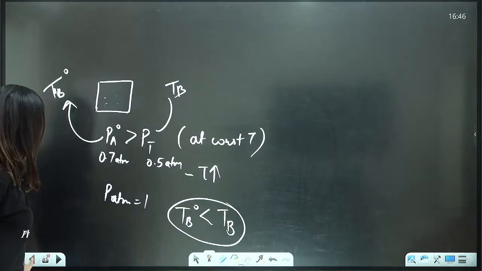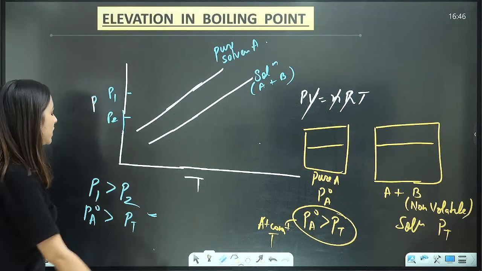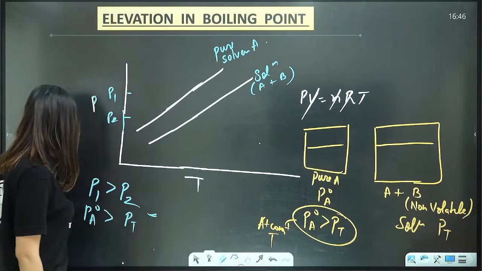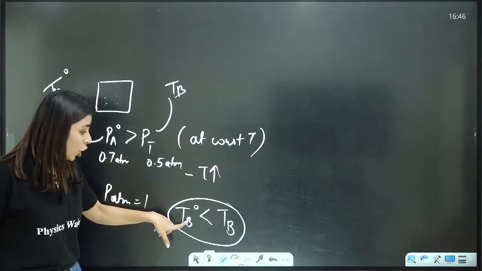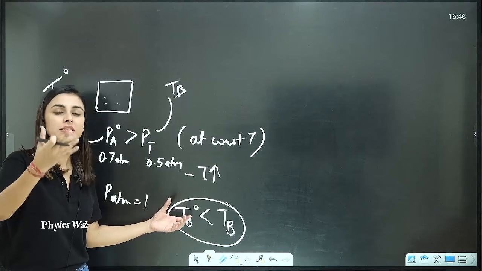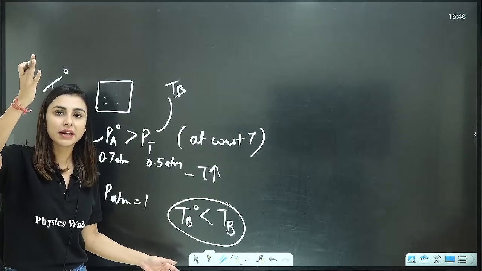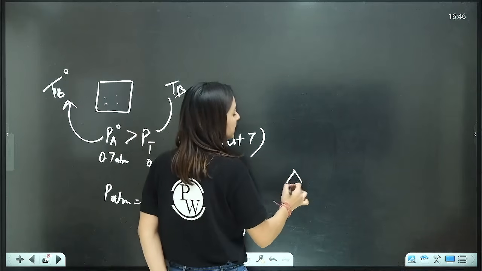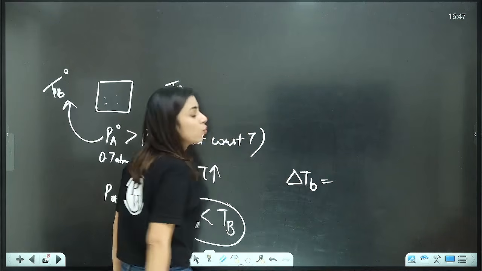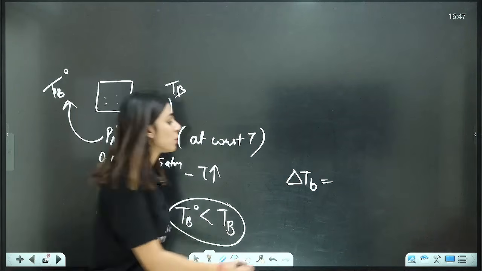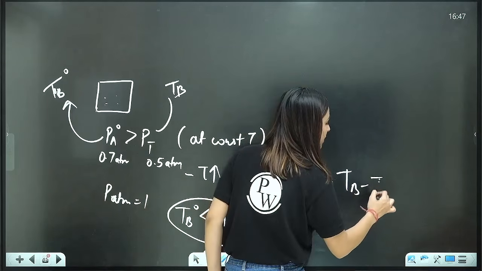Now, from here, what can you say? The solution's boiling point will always be more. So if I ask you what delta TB is equal to, since the solution part is more, delta TB is TB minus TB naught.